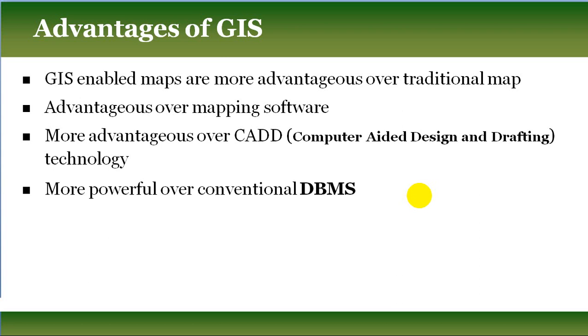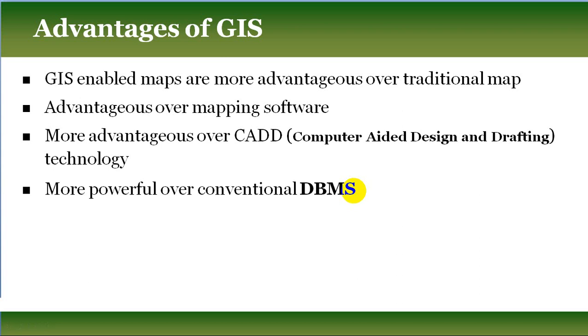But a GIS database not only stores such traditional data that DBMS can store, it is also capable of storing, as you know, locational data. It can store traditional data, and also you can store locational data or geographical data.